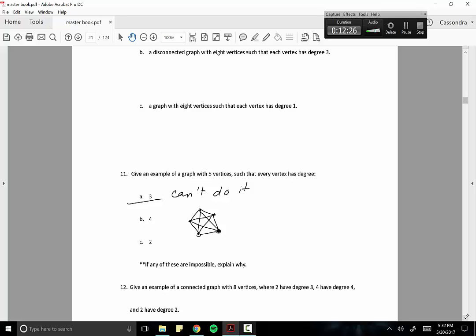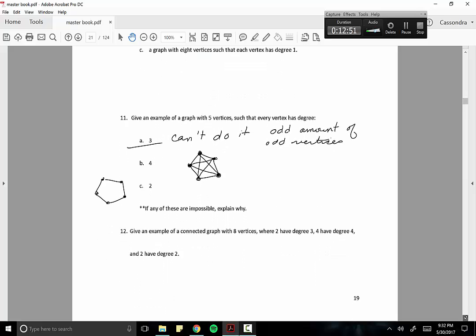It looks something like this. 5 vertices all of degree 2 looks something like this. Okay, can't do it. Odd amount of odd vertices.